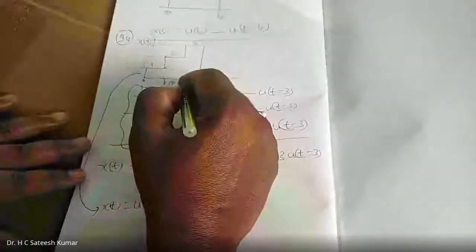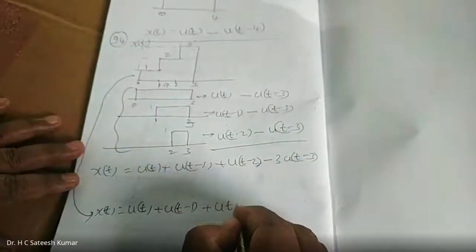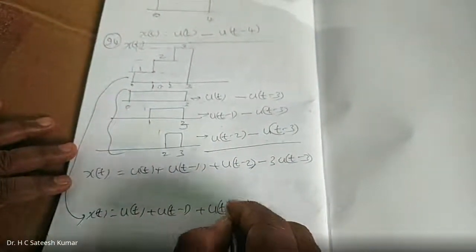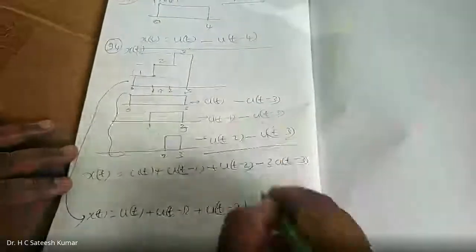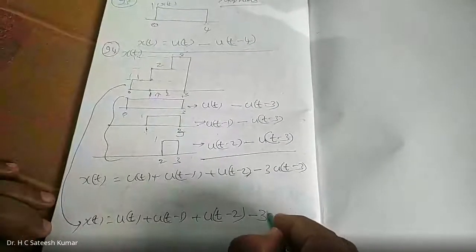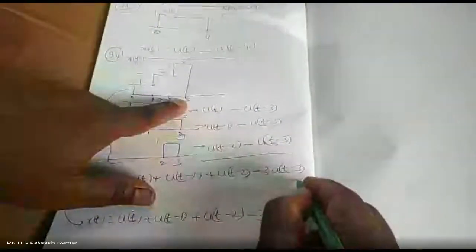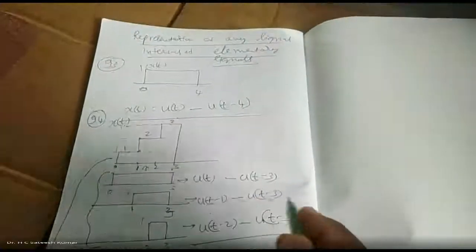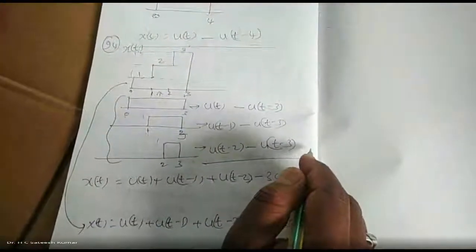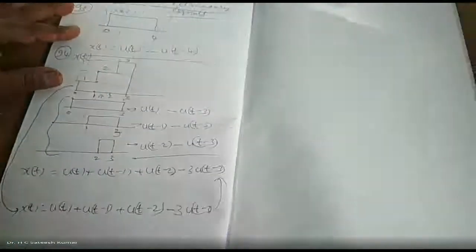Next, at 2 up by 1 more unit: plus u of t minus 2. And at 3 fall by 3 units, fall means minus 3 u of t minus 3. The same thing you will get, right? So no need to do all these things. Directly you can get it. That's the way we can represent any signal in terms of elementary signals.